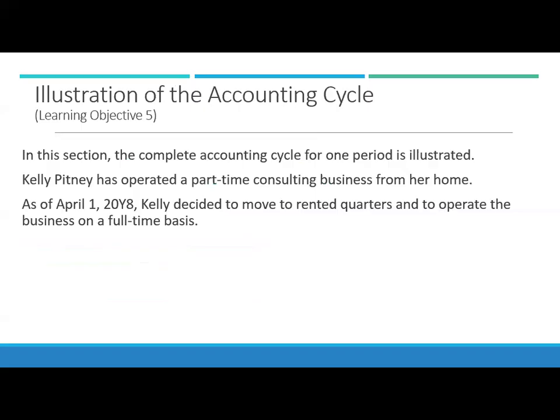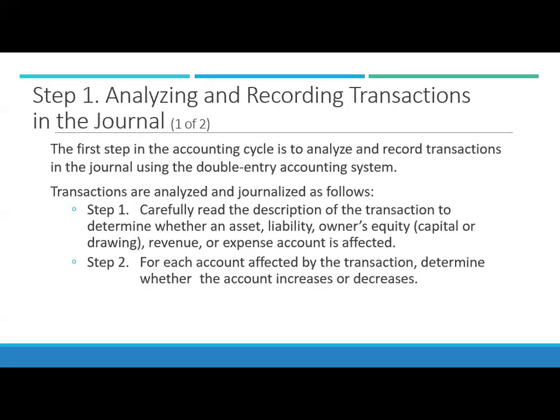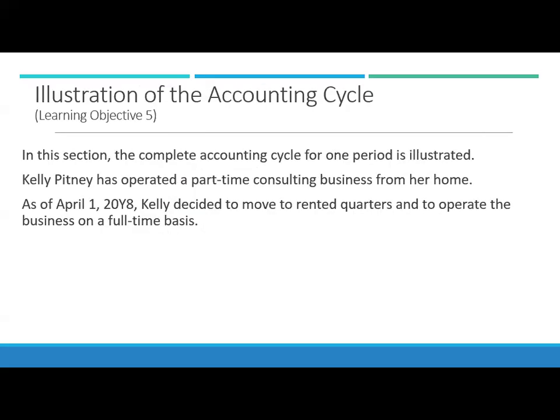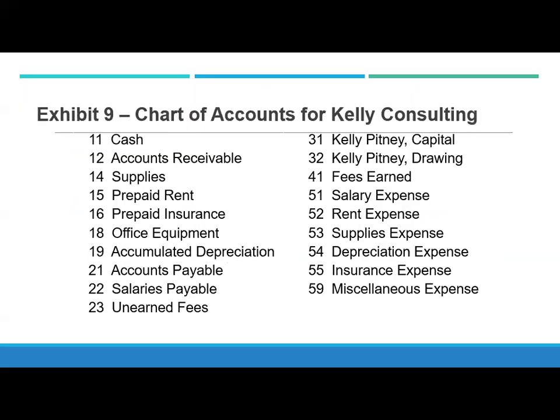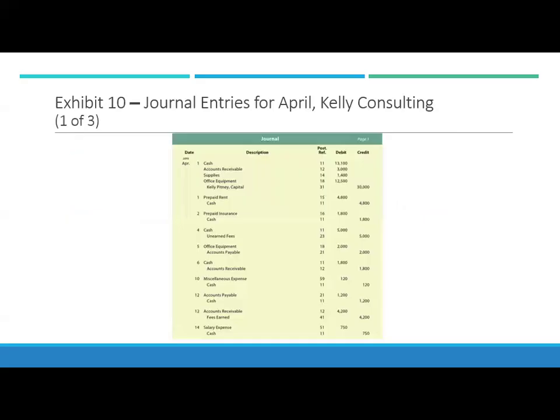So she's got her consulting business, and she's decided that this has taken off. She's going to go full time. She's going to move to a rented quarter and operate the business on a full-time basis. And as we go through the journal entries here, these are the journal entries that she's doing.